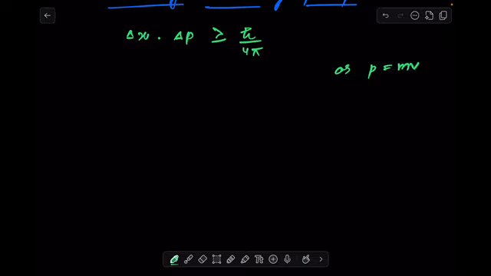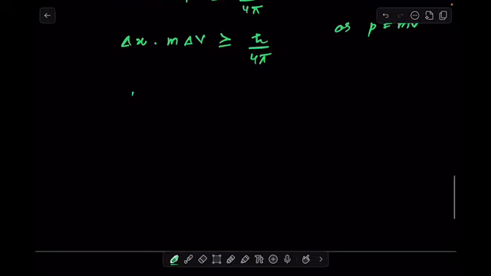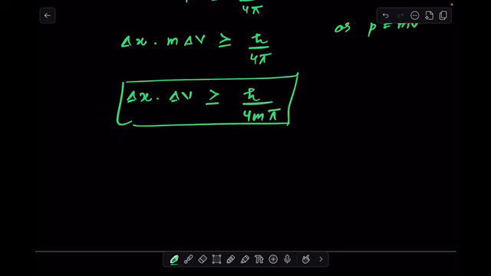However, for the change in momentum, there will be a change in velocity. Then we can rewrite it as delta x m delta v greater than or equal to h over 4 pi. This becomes delta x delta v greater than or equal to h over 4 m pi.